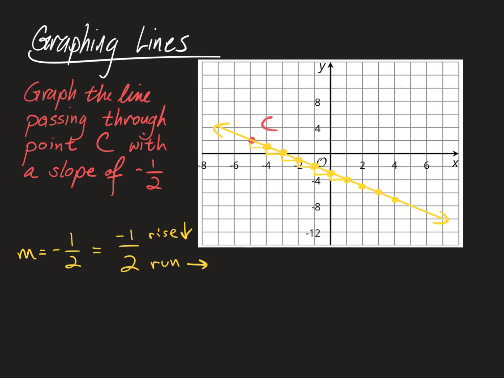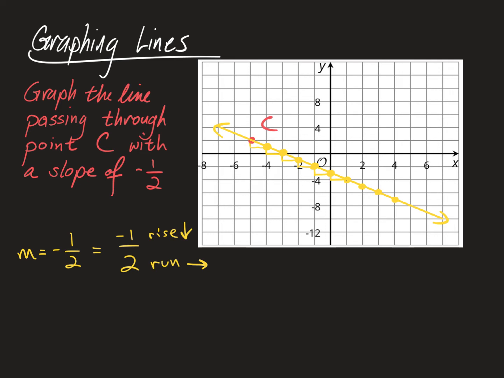Now, unfortunately, you are not always given a point and a slope and a graph to just start graphing lines. Sometimes what ends up happening is you're given the equation of a line and you'll have to graph it from there. And one of the big points that we will need to remember is that we need a point and we need a slope.